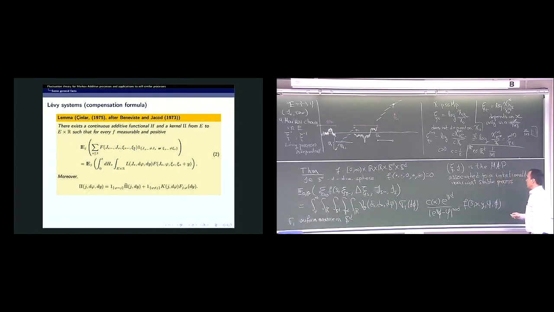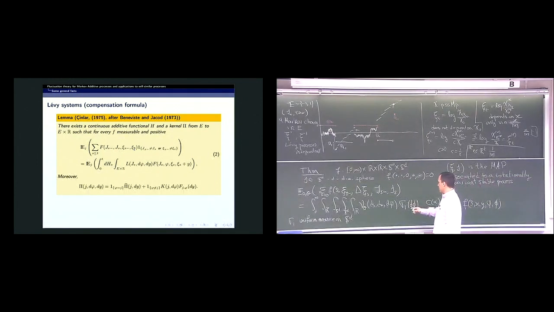So we take a stable process X, so a Lévy process that has the scaling property, and we ask that this process is invariant under rotations.